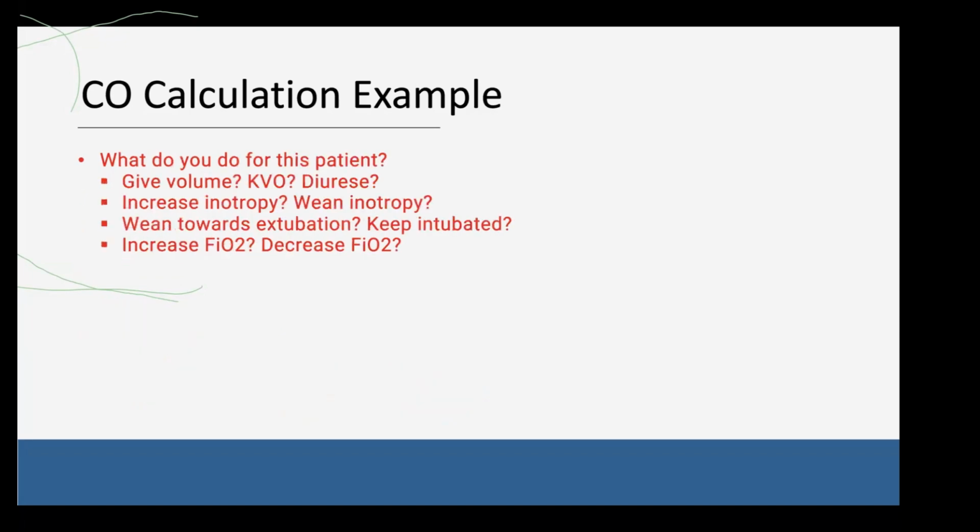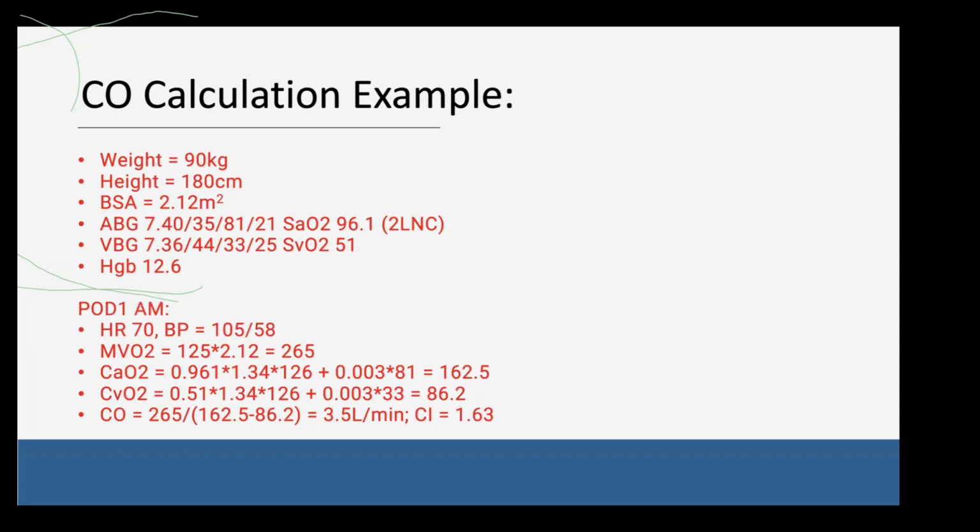The patient was actually weaned to extubation overnight and was extubated within 6 hours, and the patient's repeat gases and the epinephrine was actually weaned off. And these were the numbers that were obtained after the patient was weaned off of epinephrine and extubated.